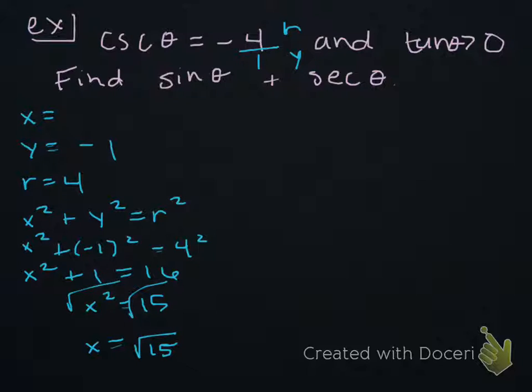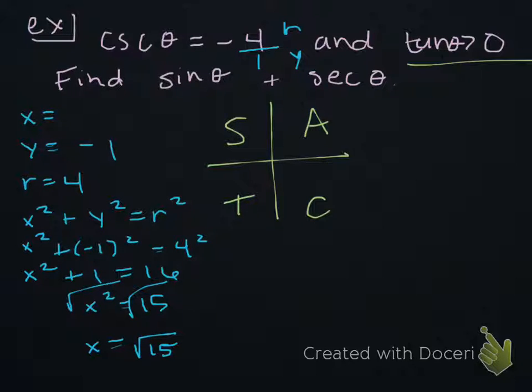Now, I know that x equals the square root of 15. The last thing we need to figure out is, will this be positive or negative? Going back to our all students take calc, or all surfers dance constantly, I'm telling you that tangent is greater than 0, so tangent is positive.